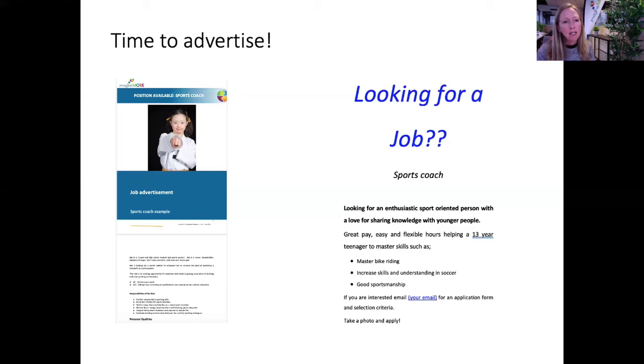So on the left, you can see over here the job advertisement here. We've got this Word document that we can share with you afterwards, and it gives yet another example of what the job ad could look like.